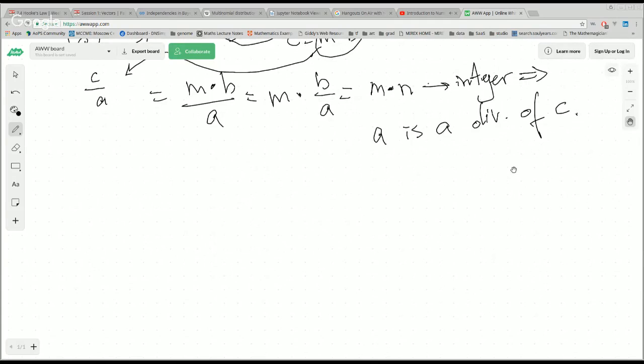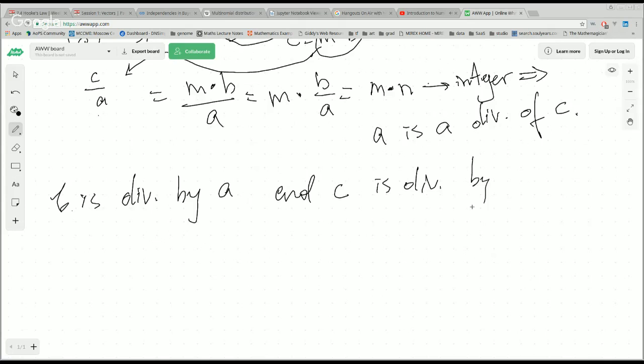Now, an equivalent statement is saying if B is divisible by A, and C is divisible by B, and this third number C is divisible by B, you can guess what's coming.